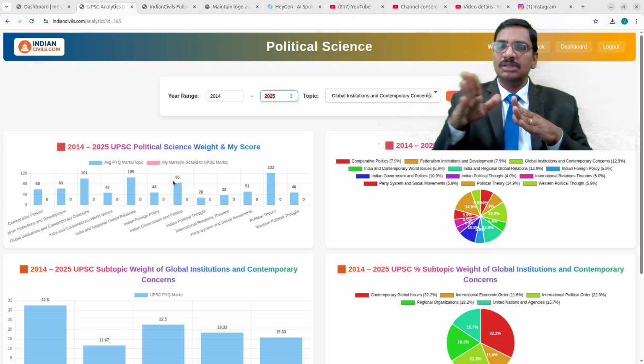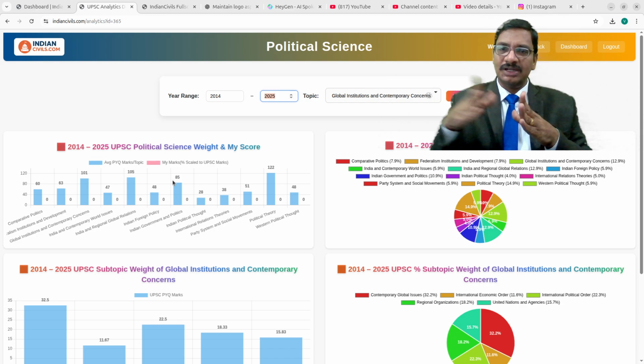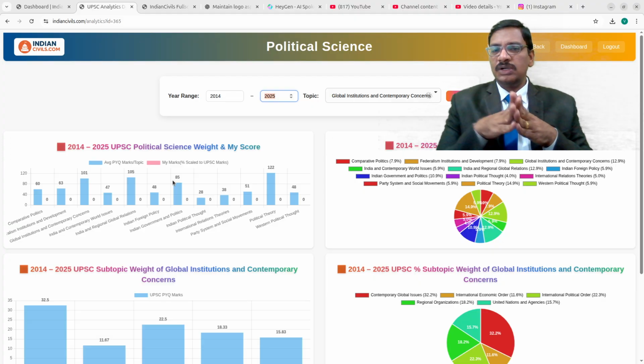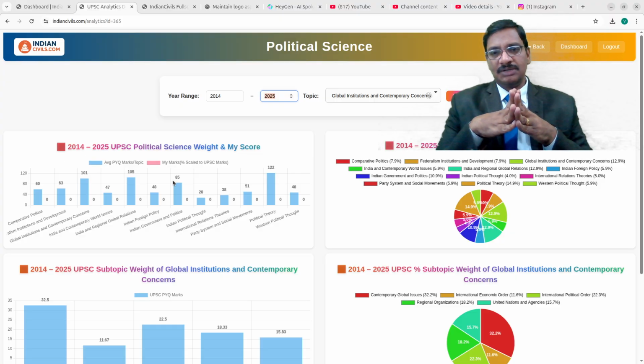So Indian political thought is getting hardly 28 marks. If you focus more on Indian political thought, being only one topic of the entire syllabus, you will obviously get a very low score. But if you focus on only these three topics, that is 101, 105 and 122, the probability of scoring is very high, because this is the average data, right?